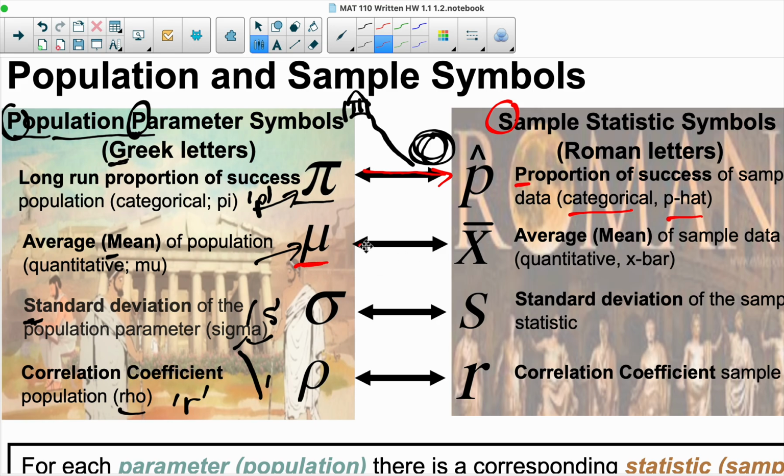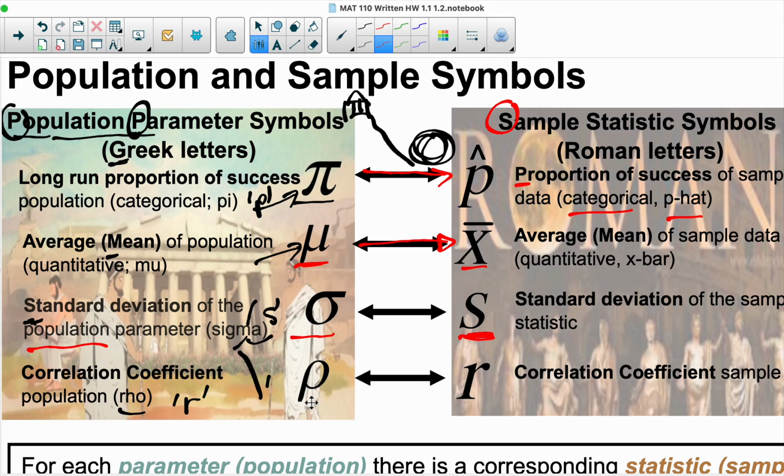Instead of saying mu, when we're talking about a mean or an average, and we're talking about the sample, it's x bar. When we're talking about the standard deviation and we call it sigma, it's the standard deviation of the population. Okay, if we're talking about the sample, the standard deviation of the sample, we're using the letter s.